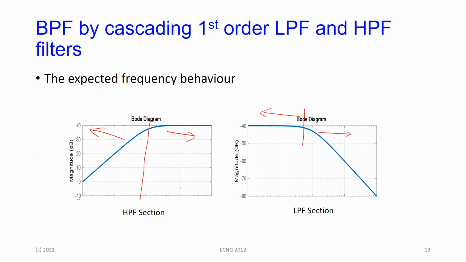So if I were to combine the two of them together, I would get, or I should get, a characteristic that gives me that sort of behavior, which is a bandpass behavior. Make sense? We have touched on this last time, but just to make sure, it sounds logical. Let me know.